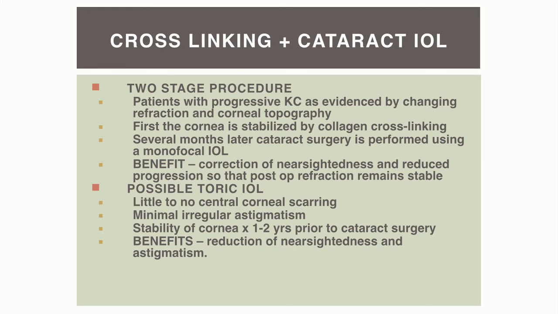In those keratoconus patients, those mild keratoconus patients who have minimal amount of irregular astigmatism, in those patients where we can look on topography and see that most of the astigmatism is regular, there is the possibility of putting an astigmatism correcting lens in the eye at the time of cataract surgery to significantly improve your uncorrected vision after cataract surgery. This is not the majority of keratoconus patients, but this does come up, and certainly there are keratoconus patients where this is a consideration.